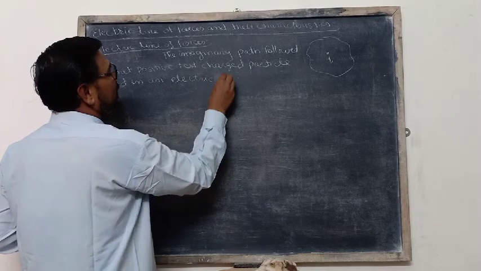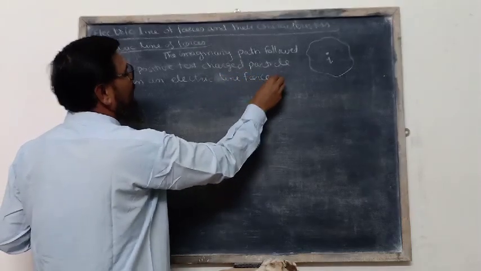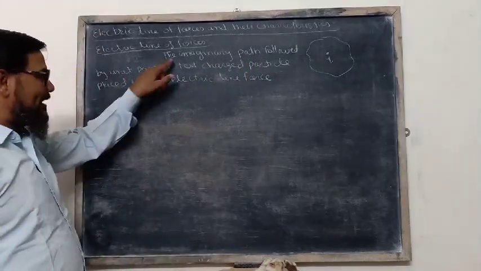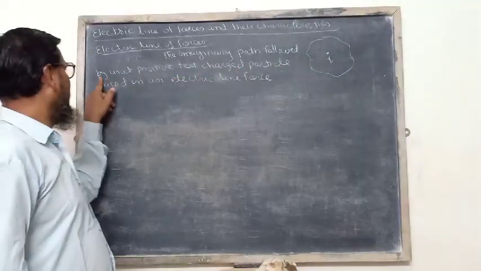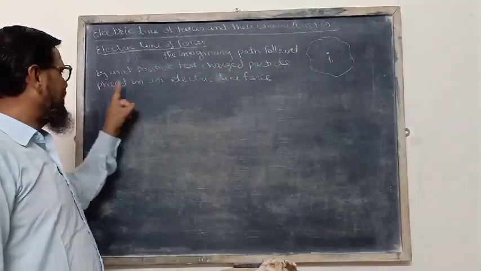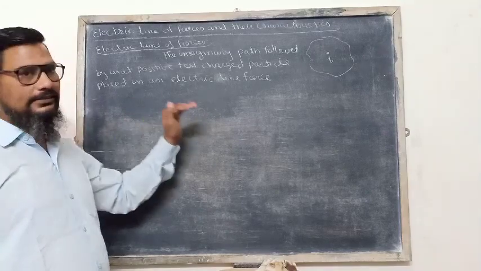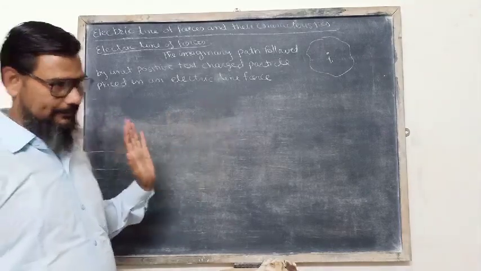Electric line of force, or electric field line: the imaginary path followed by a unit positive test charged particle placed in an electric field. This is called electric lines of force.